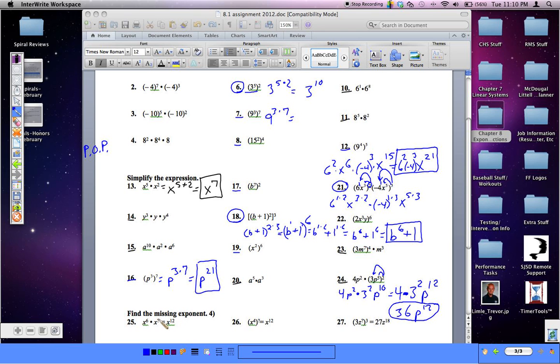So if this exponent were 1, it clearly would not make 12 because that would be 6 plus 1, which is not 12. In this one, it's a power of a power. So what number times 4 would make 12? And in this one, it's another power of a power. What number multiplied with 3 would make 18?